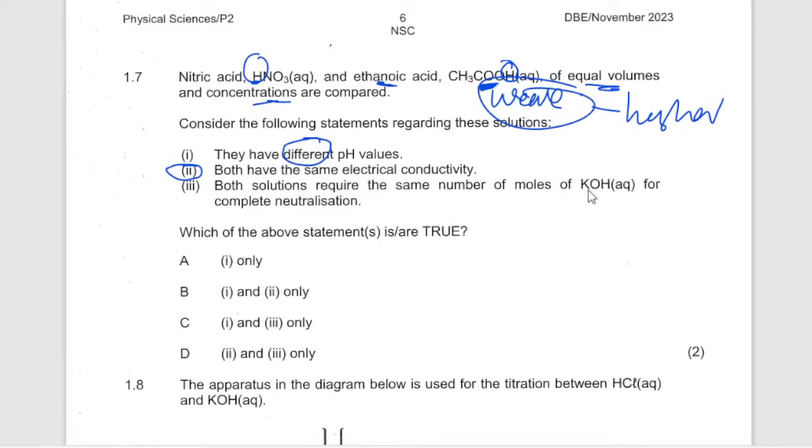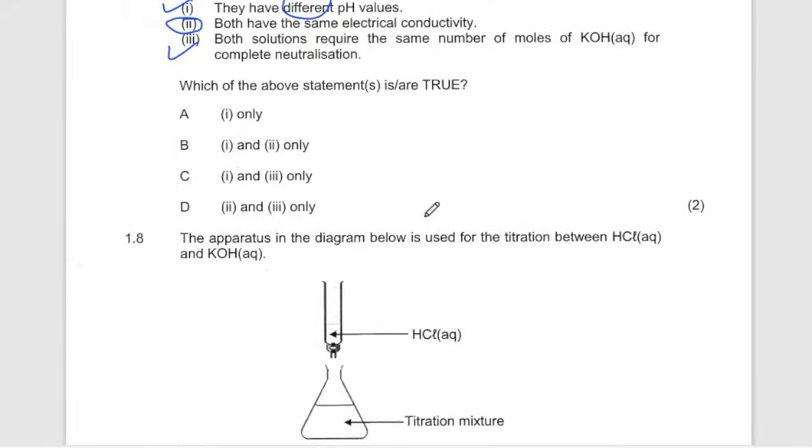In other words, the volume used will be different, because if the volume is different and the number of moles are the same, definitely the concentration will be different. So this and this become the most correct answer. So do we have any option which has that? Yes. So C becomes the most correct answer.